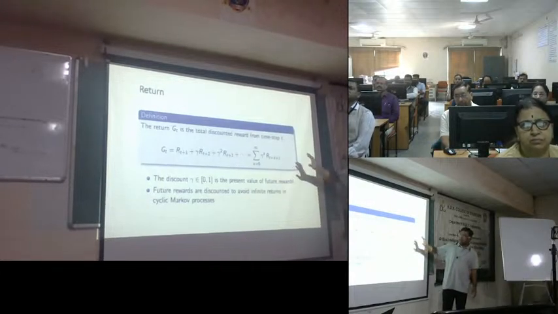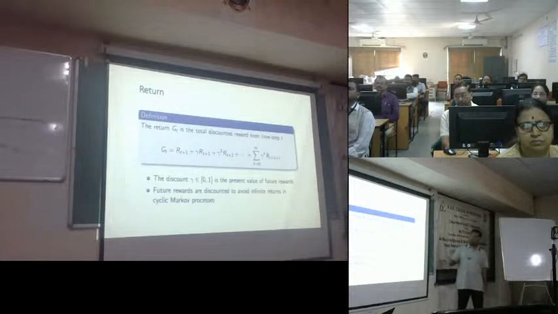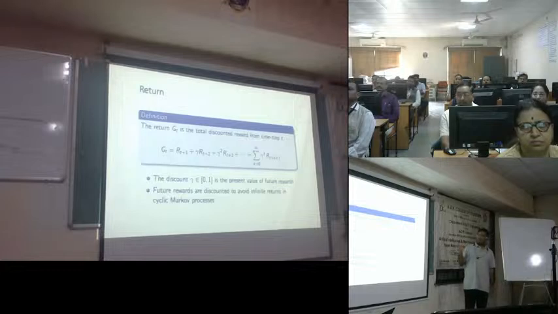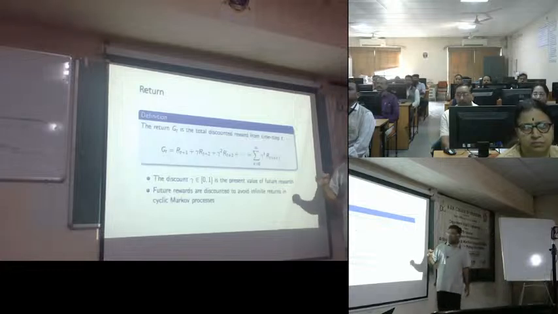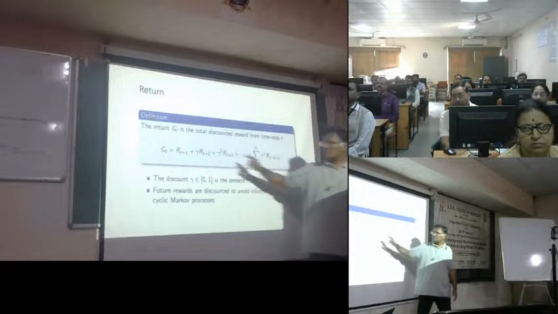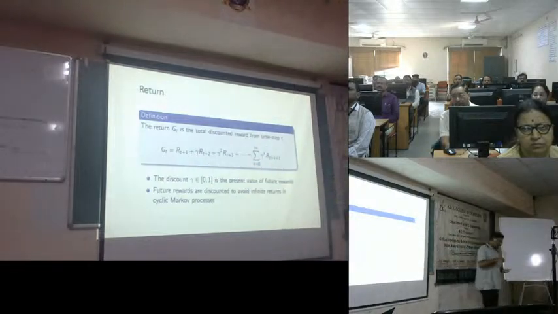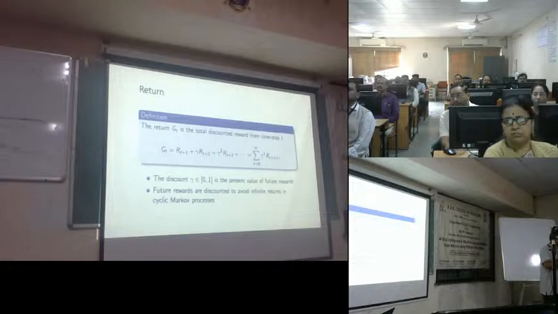And now this is the return. A return is the total discounted reward from time step t. What we are saying is that if I am playing a particular step, let's say in tic tac toe, and I know that this was a winning move, then I would have this much reward.